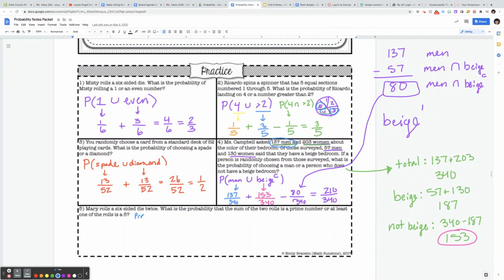So my prime numbers from 1 to 12 are obviously 1, 2, 3. 4 is not a prime number. 5 is a prime number. 6 is not. 7 is a prime number. 8 is not. 9 is not. 10 is not. And then 11 is a prime number. 12 obviously is not.